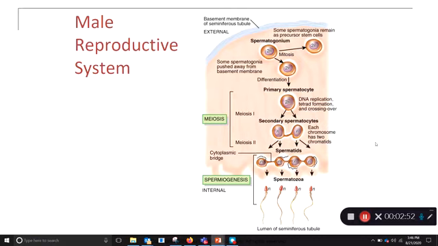After mitosis, one of those cells will be put through the process of becoming a primary spermatocyte. The primary spermatocyte goes on to become the secondary spermatocyte.